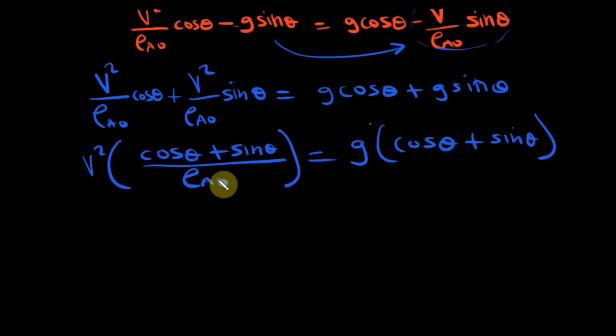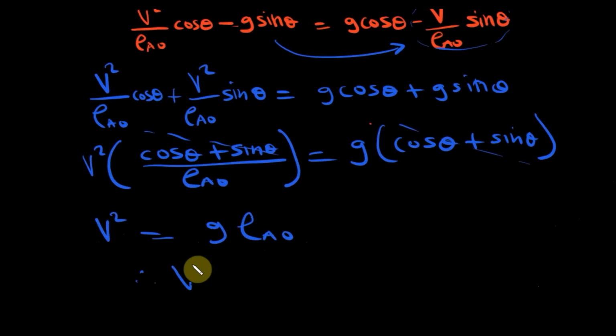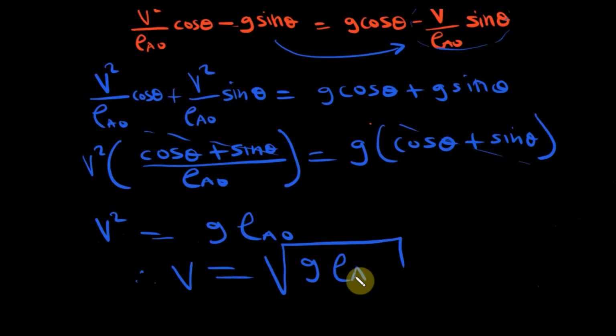Alright, from here you can already see that cos theta plus sin theta is common there, so that will fall off. Then we just have in the end v squared is equal to g LAO. Therefore, v is equal to the square root of g LAO.